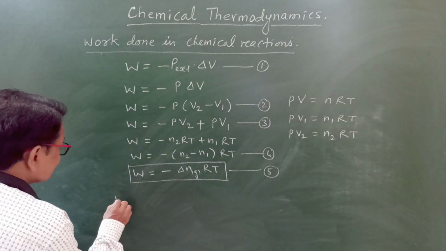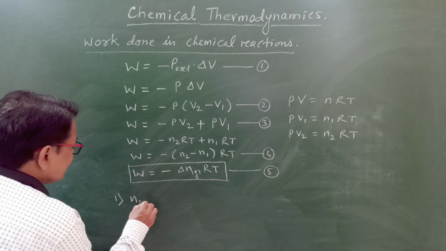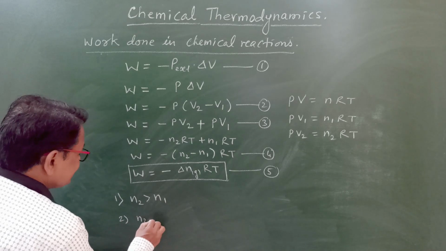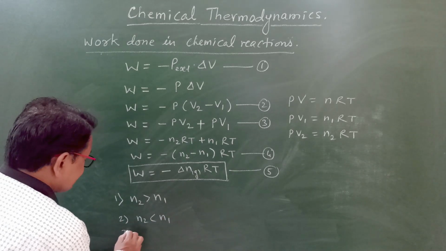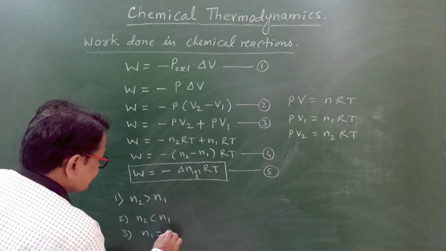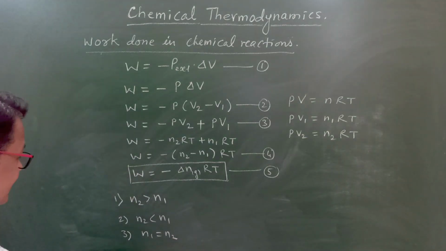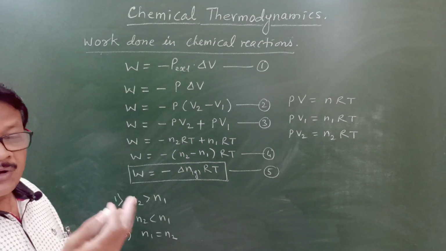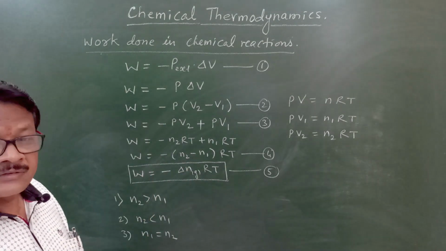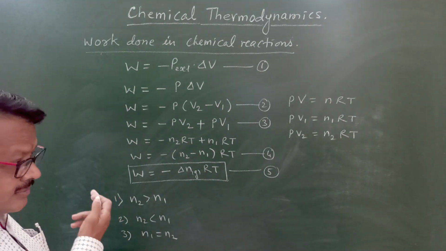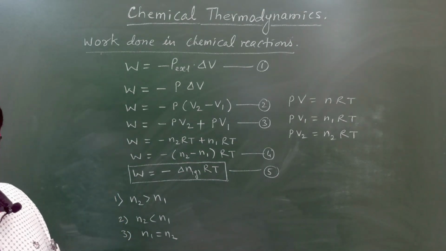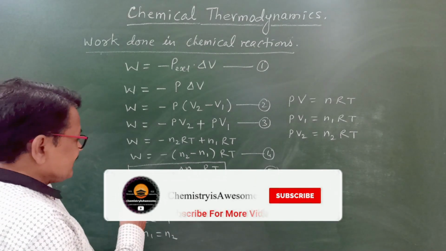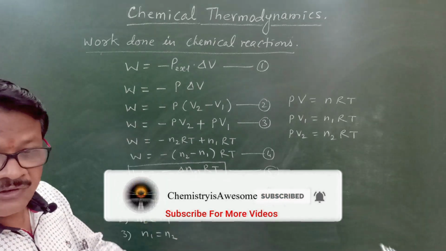So what are the conditions? Here are three conditions. n2 is greater than n1. Second, n2 is less than n1. And third is n1 is equal to n2. You see here, when n2 is greater than n1, means final number of moles which are present at product side are larger than the initial number of moles which are present toward the reactant side, then there is change in volume, and that change in volume is work of expansion taking place.